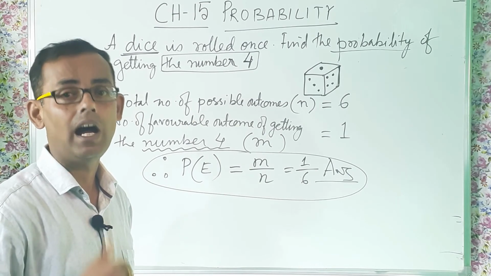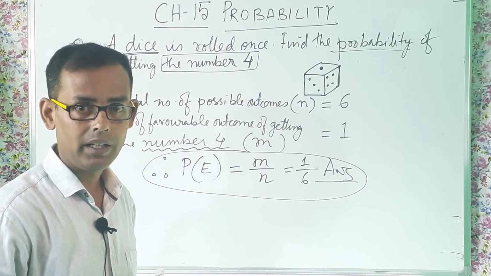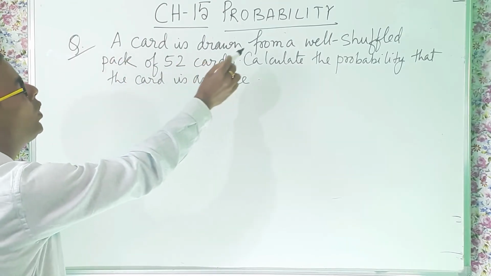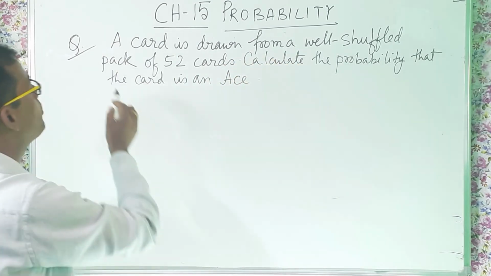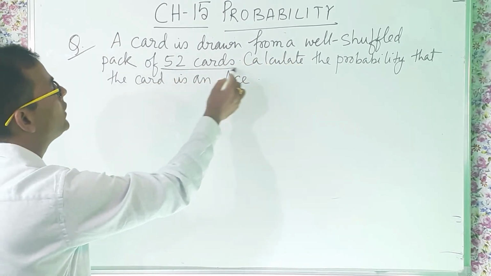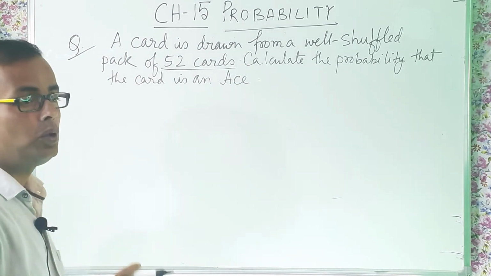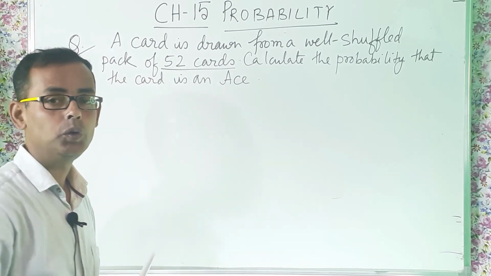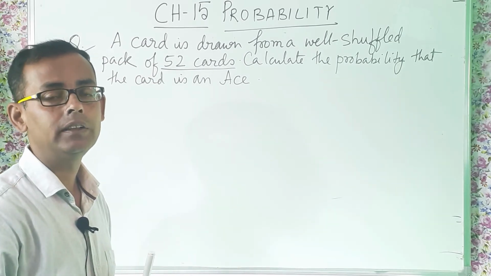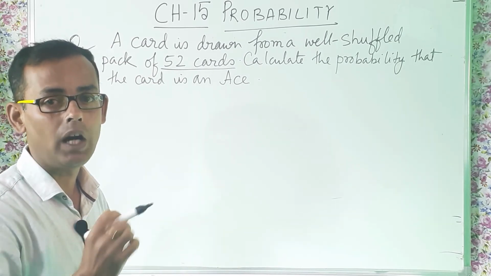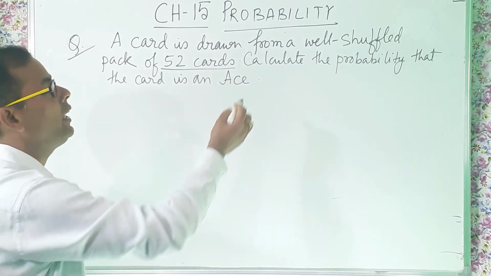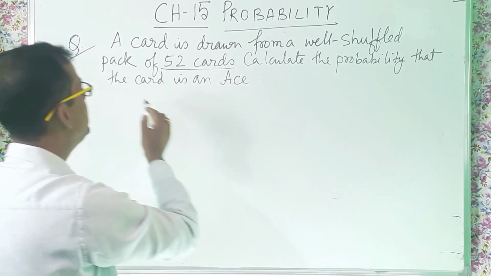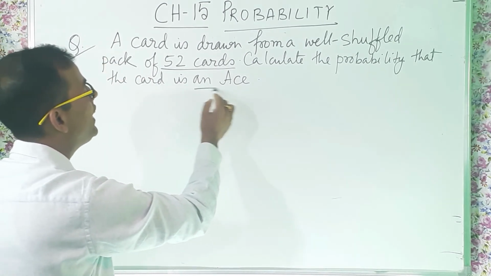Let us take another example. A card is drawn from a well shuffled pack of 52 cards. So one packet of cards is there. And you all know that in a pack of cards there are 52 cards. Then what are they asking? Calculate the probability that the card is an ace.